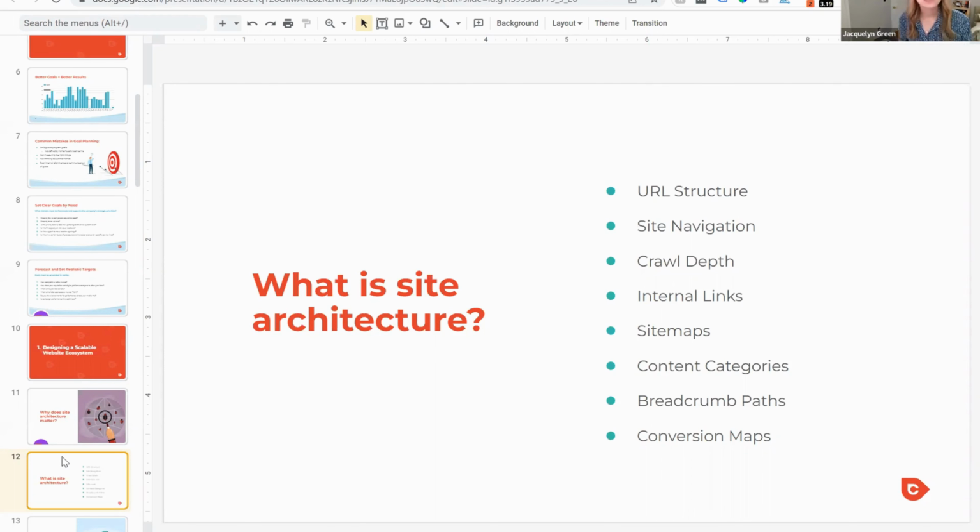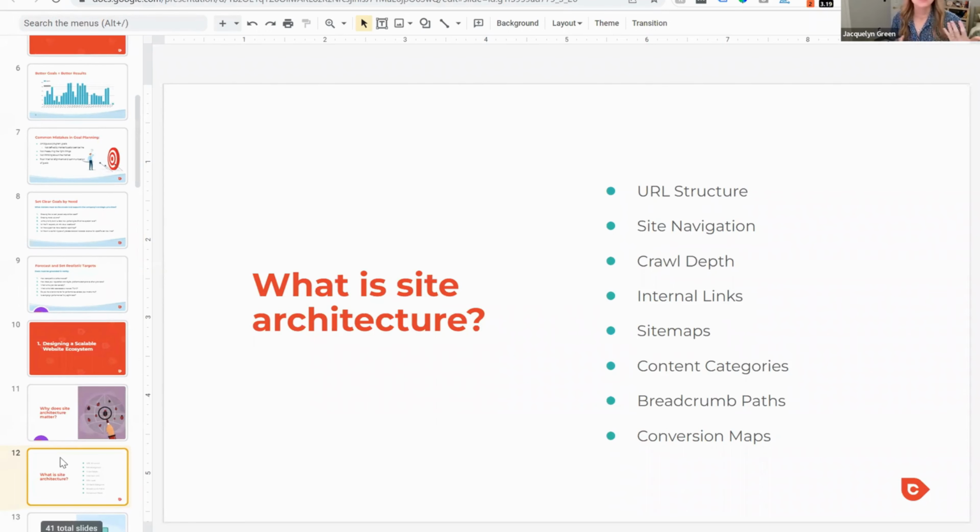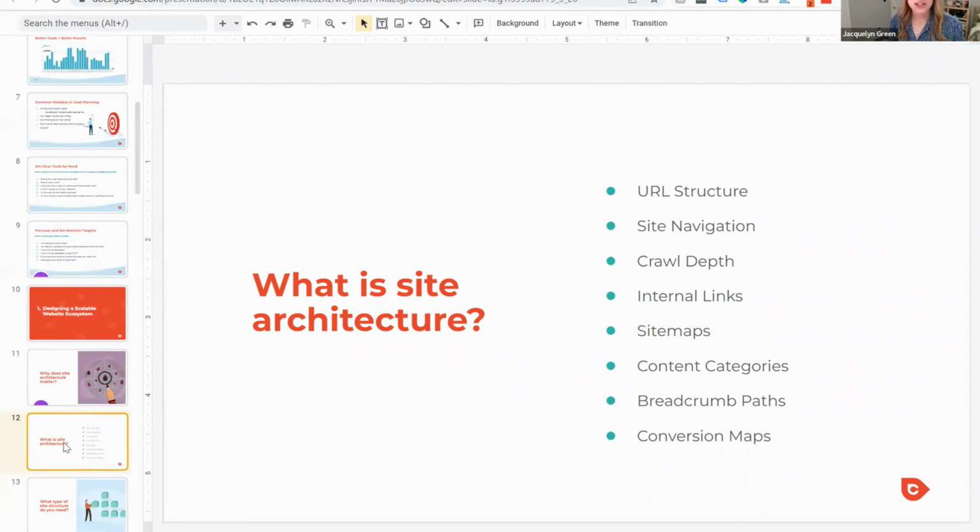So the foundation of a site architecture is really how your website connects at different levels, what the relationships are between pages. And these elements that I've listed out here are just ways that you do that. So site navigation, like I said, is kind of your entryway. Crawl depth is a term that is very important in SEO, as well as user experience. Basically, how many clicks does it take to get to the information that you're after?